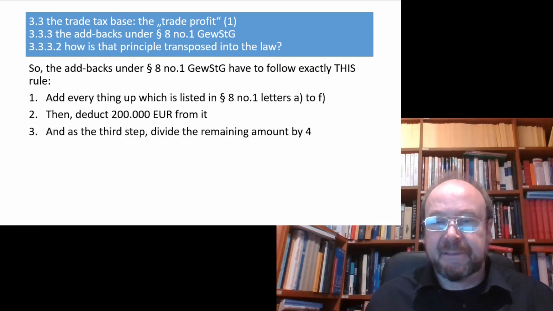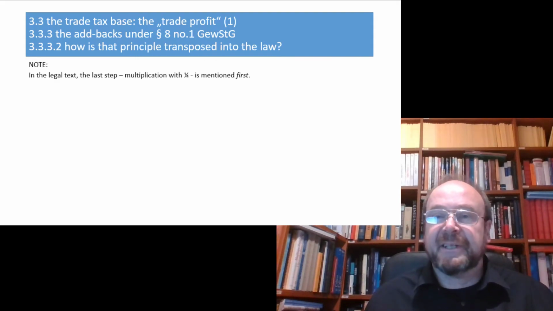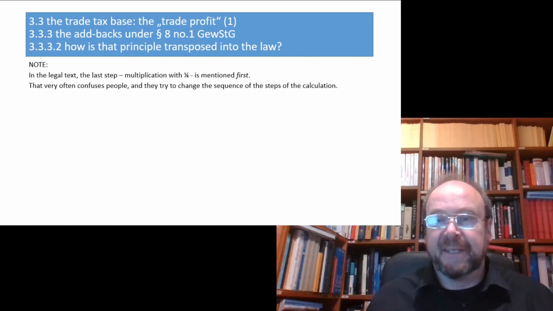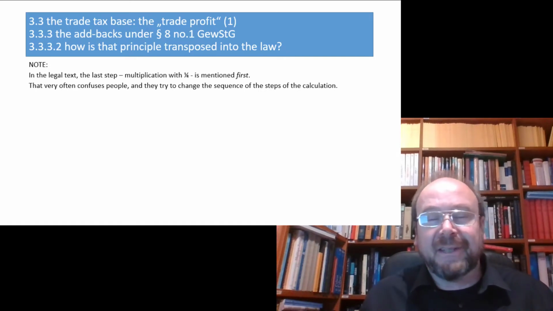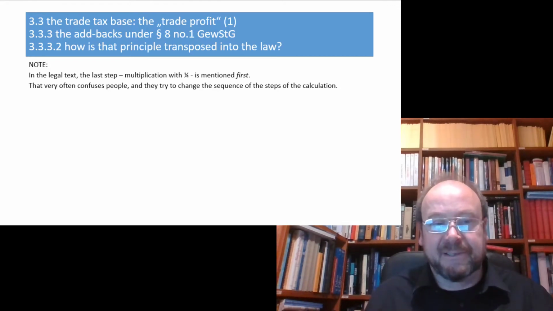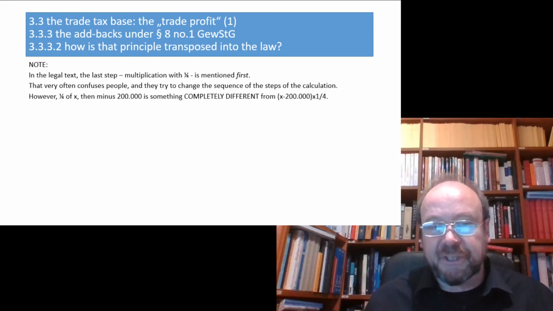And here something is very, very important, because in the text of the law that quarter is mentioned first. Now that confuses people, that the last step of the calculation is first mentioned in the legal text. So people then try, when they solve cases, to change the calculation step sequence and to begin with directly taking 1/4 of every position which is mentioned in the case.